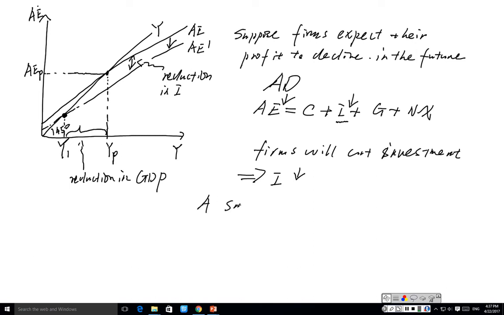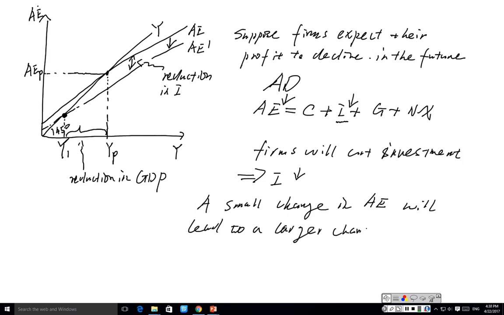So a small change in aggregate expenditure, in our case a change in investment, will lead to a larger change in GDP. Why? You can see from the graph. So that's what we talk about, the multiplier effect.